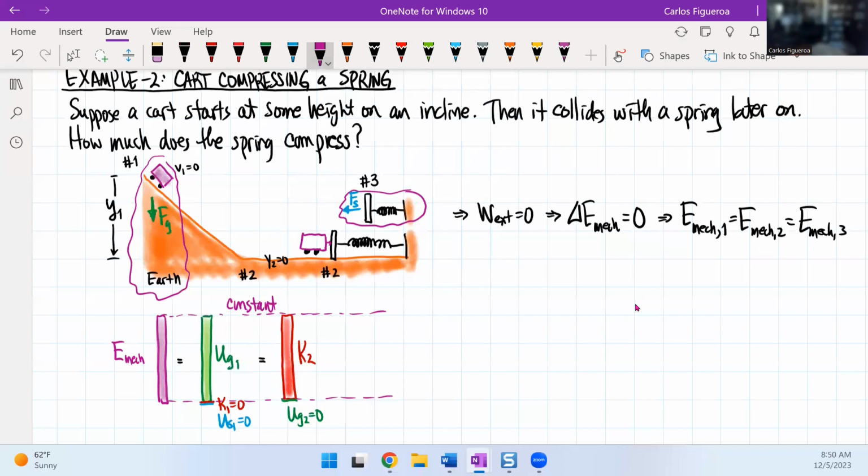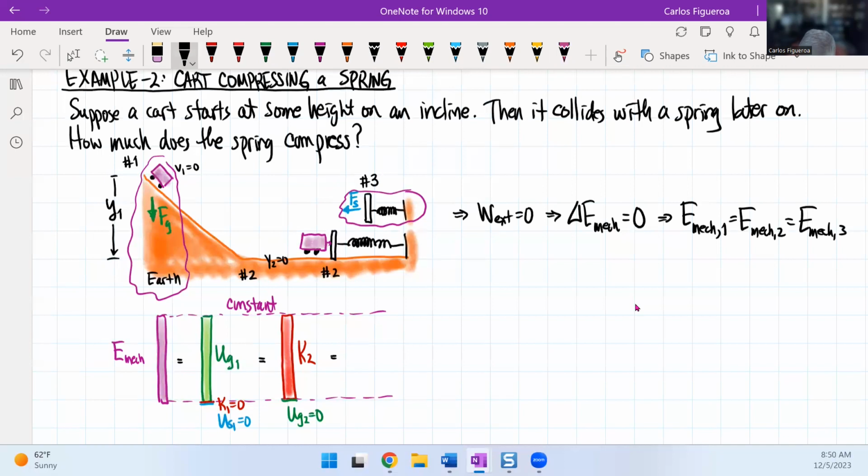And now it's moving at this point. What it's going to do here is start to interact with the spring. So state 2 at the bottom of the incline is exactly the same state as right before it hits the spring.